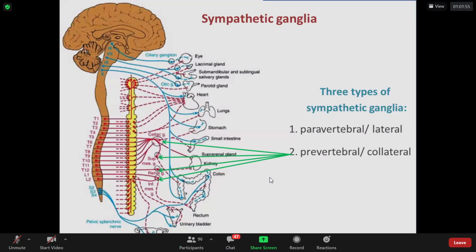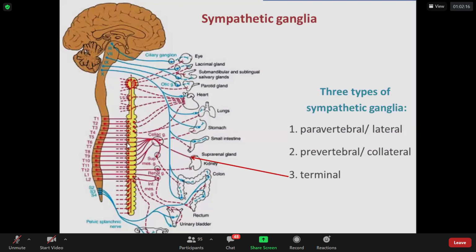And the fourth fate is that, this is the fourth fate, and this is the terminal ganglion. You know, the adrenal medullary cells are called the modified sympathetic ganglion. You know it. Why? Because they actually act as sympathetic ganglion. So what happens?